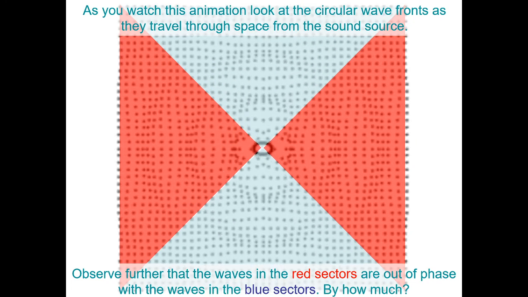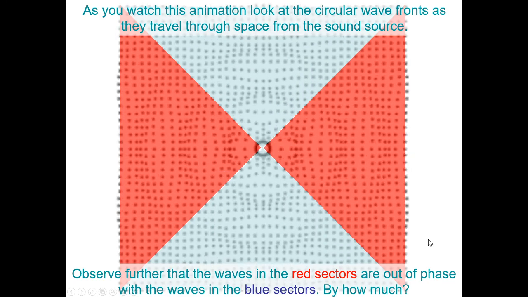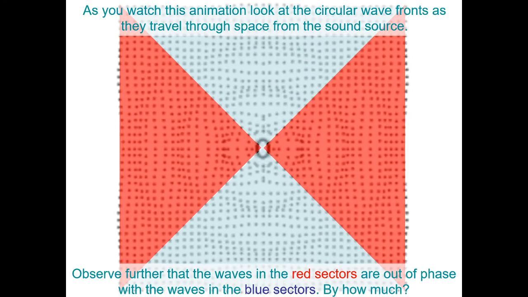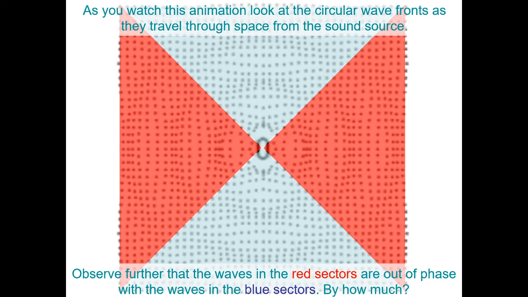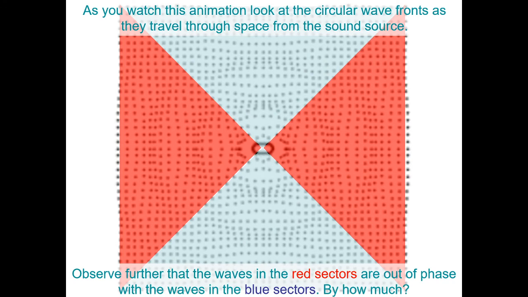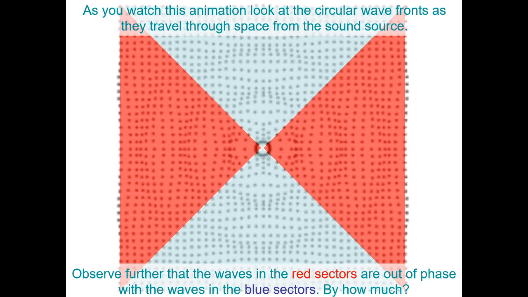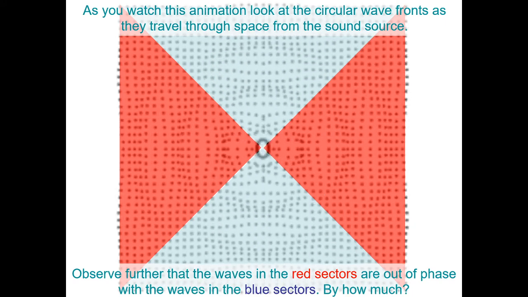Now, I keep using this terminology. What does it mean to have something out of phase? Well, we use this terminology specifically when talking about waves. If two waves are in phase, that means that their peaks and their valleys are lined up. Or in this case, the compressions are lined up and the rarefactions are lined up.